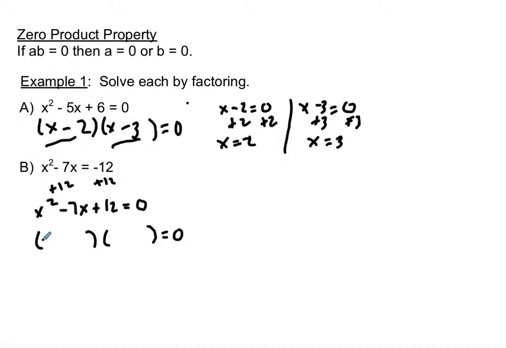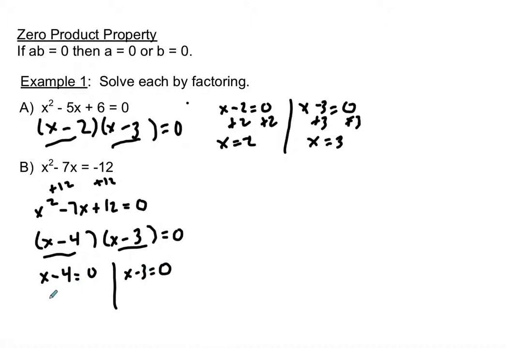What times what gives you x squared? It'd be x times x. What multiplies to give you 12 and adds to give you a negative 7? It'd be a minus 4 and a minus 3. Then you want to think, how do I get 0 and how do I get 0? So I can say x minus 4 equals 0 and x minus 3 equals 0.